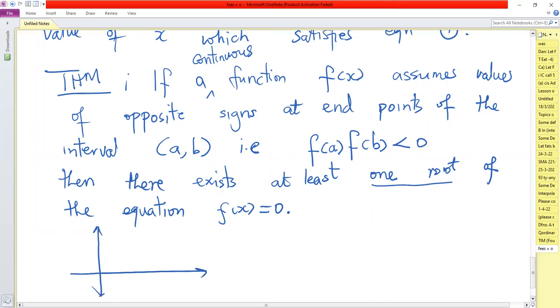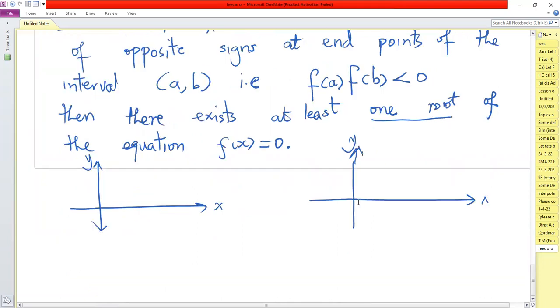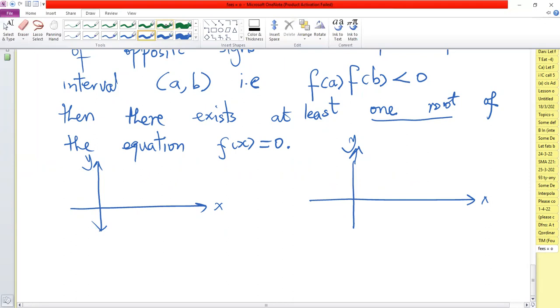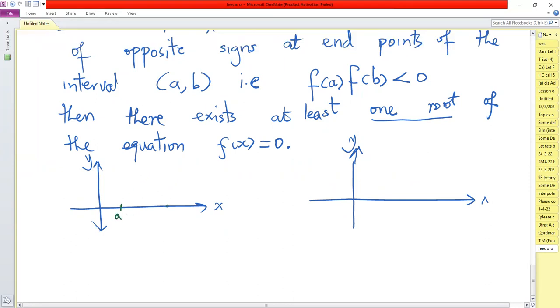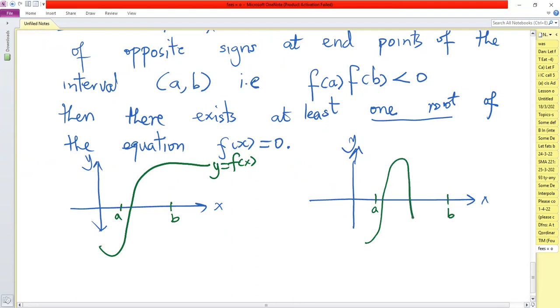We can actually show this pictorially; this is really what we mean. So this is the y-axis, this is the x-axis, and say we have another case here, x-axis and then y-axis. If we have A here and we have B here, we can have this y equals f of x.